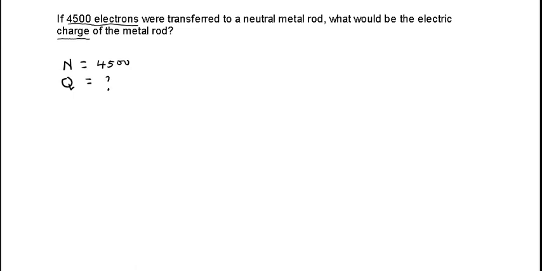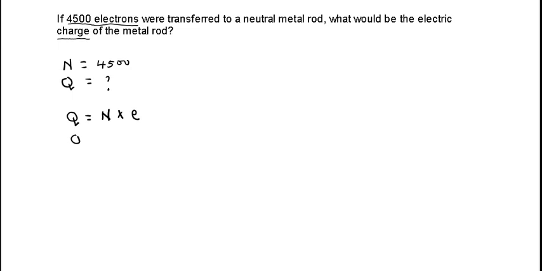Since we have written out these parameters, we have to look for a formula that relates the number of electrons and the quantity of electric charge. And the formula is: quantity of electric charge is equal to the number of electrons multiplied by the charge of the electron.